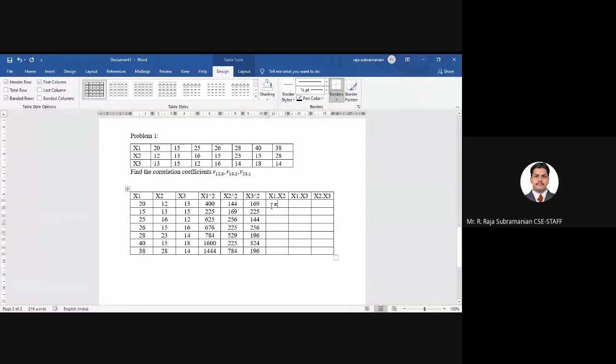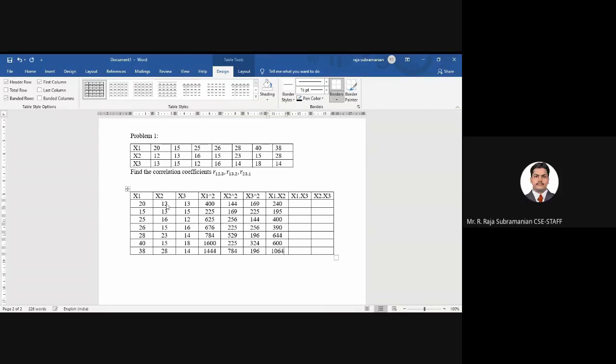What is x1 into x2? 20 into 12 is 240. 15 into 13 is 195. 25 into 16 is 400. 26 into 15 is 390. 28 into 23 is 644. 40 into 28 is 1120 and 38 into 15 is 570.